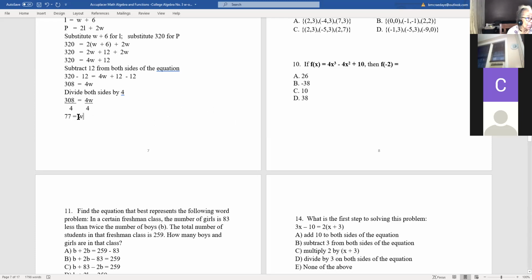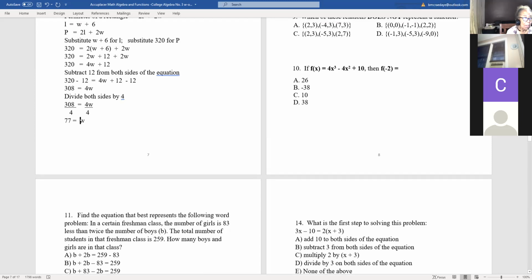Now, what did they ask you to find? I think they asked you to find length, right? Yeah. But length, let's go back up here. Length is width plus 6. So length, let's just copy that here.